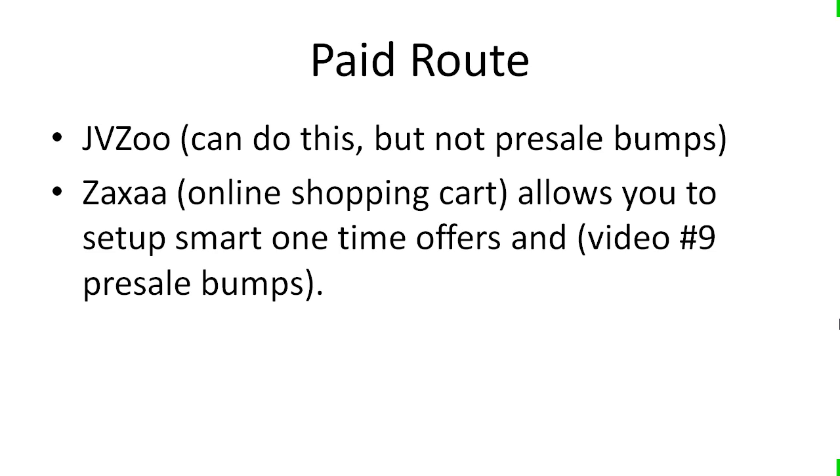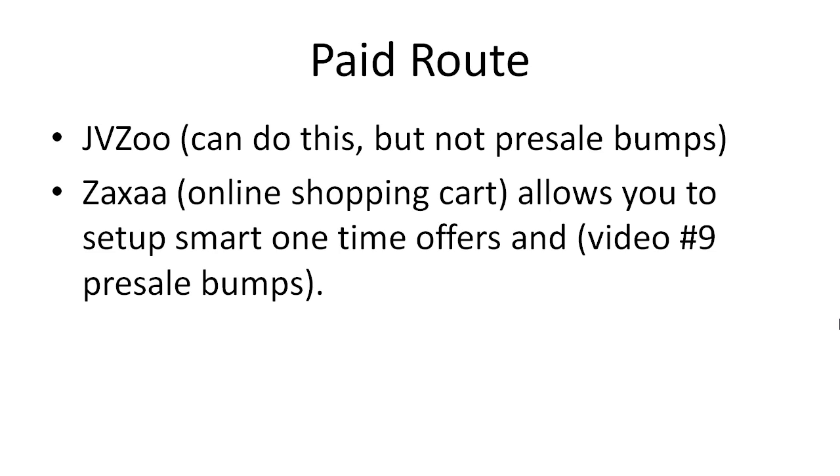Now, while testing the two, JVZoo and Zaxa, I have to lean towards Zaxa and say that Zaxa is a lot easier, in my opinion, to set up. Now, JVZoo is really, really powerful, really good as well. So it has a lot of benefits as well. So you really have to pick and choose and see what is good for you.